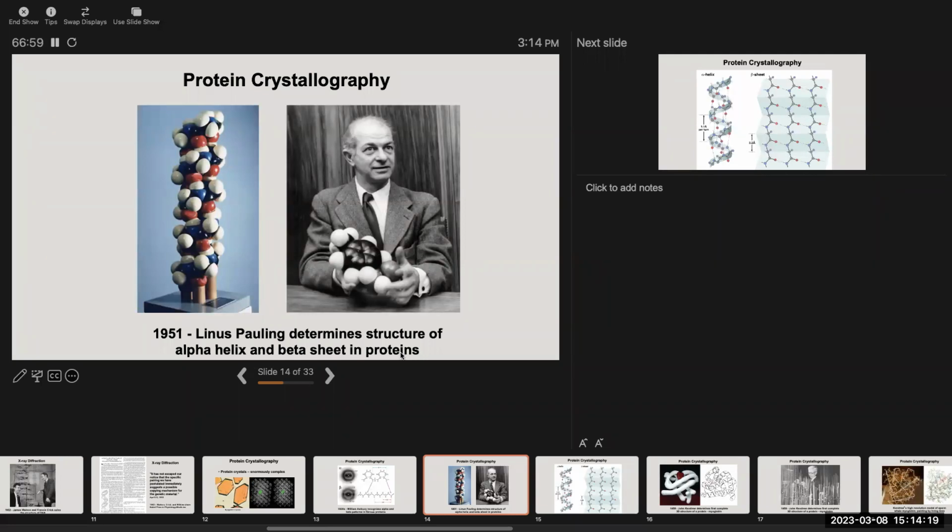And I'll show you the picture of it again, just to remind you what a beta sheet is. But it's where the amino acid chain continues straight for some distance, then does a sharp hairpin turn, 180-degree turn, goes back the other way, then does another 180-degree turn, goes back the other way.